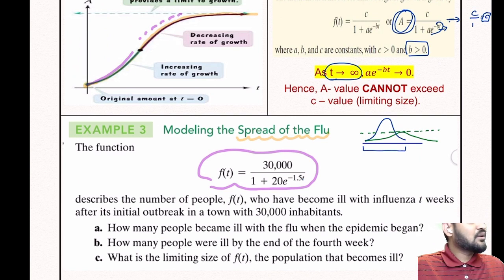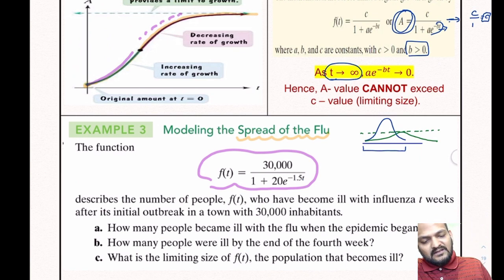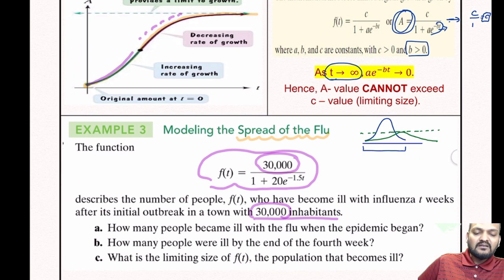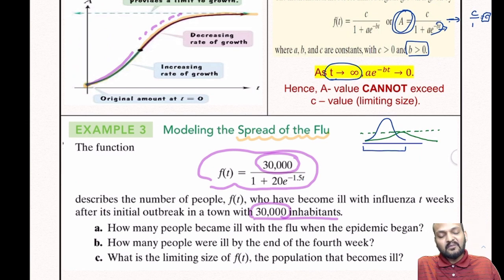What I did not tell you is that there are only 30,000 inhabitants. The maximum number of people that can be infected is 30,000. That is the carrying capacity of that virus, the maximum it can reach, because there are only 30,000 people there, right?